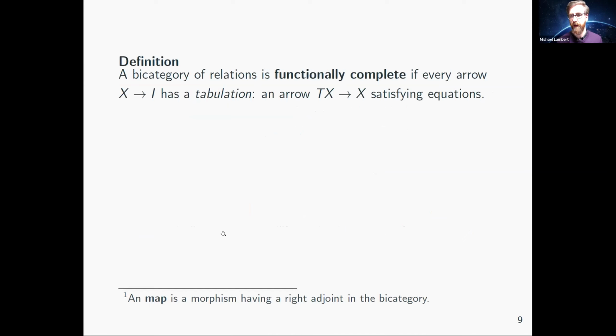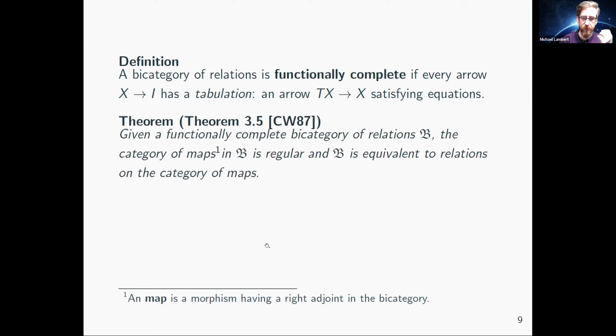So what exactly does functionally complete mean? Well, again, I'm going to hedge a little bit here, but the overview is that whenever you have a morphism from an object X into the identity for the tensor, the tabulation is another special arrow from a new distinguished object. And it satisfies some equations.